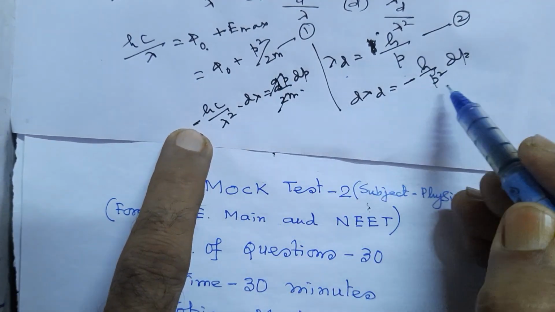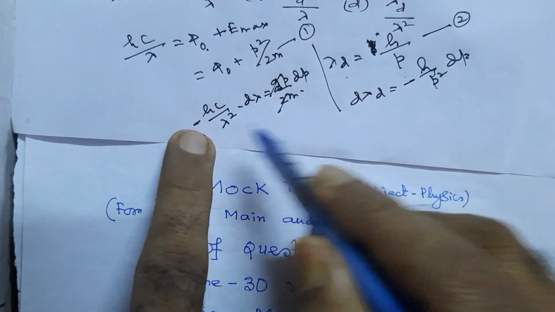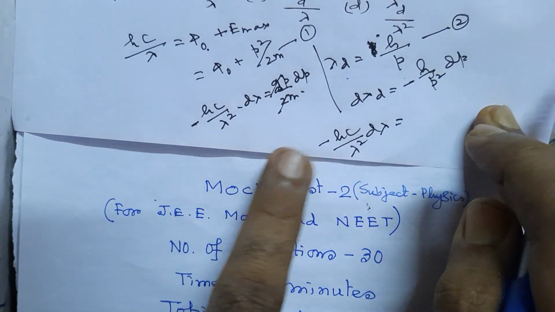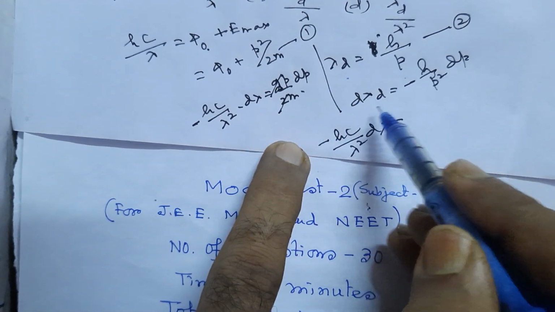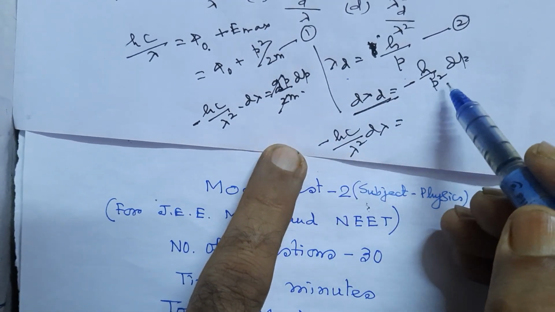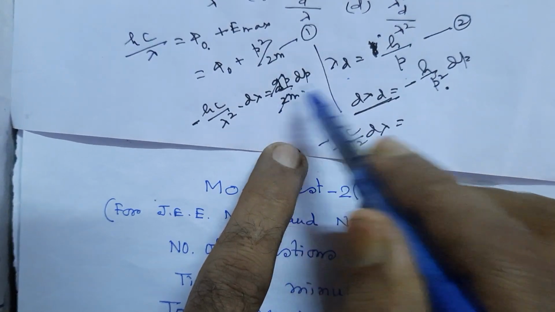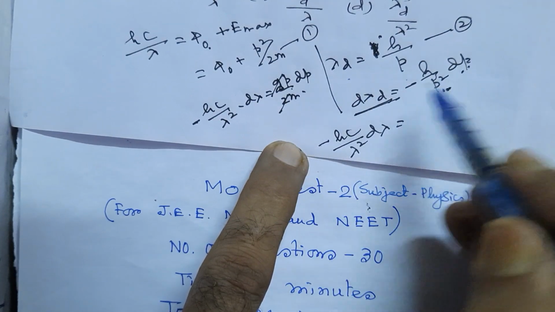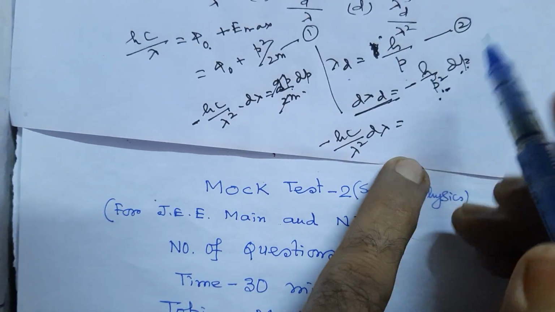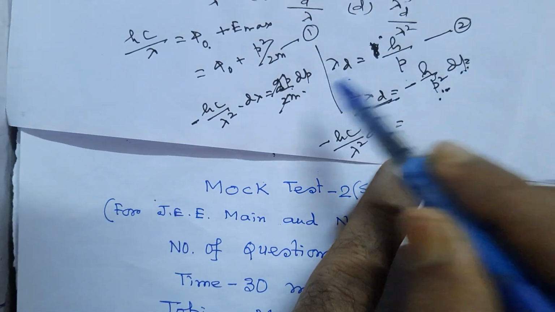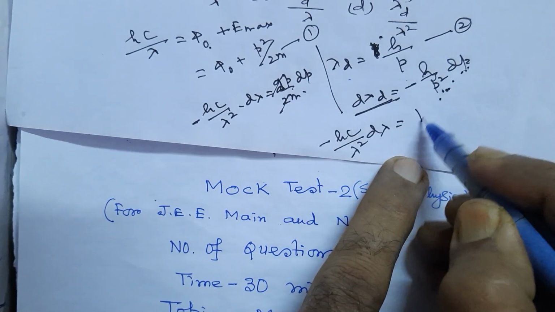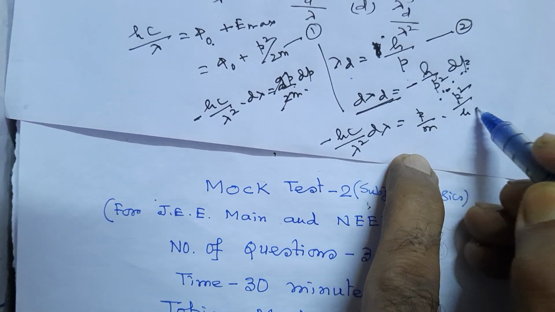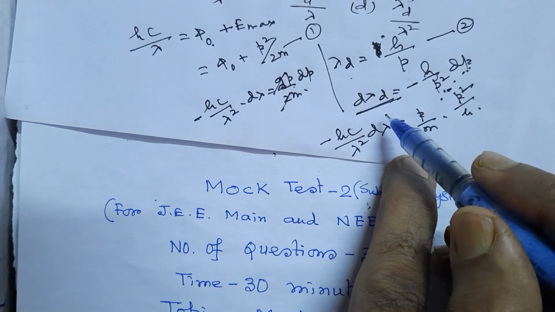So replacing these values, we get minus hc by lambda square into d lambda equals p by m into dp, where dp in terms of p gives p square by h into d lambda d.